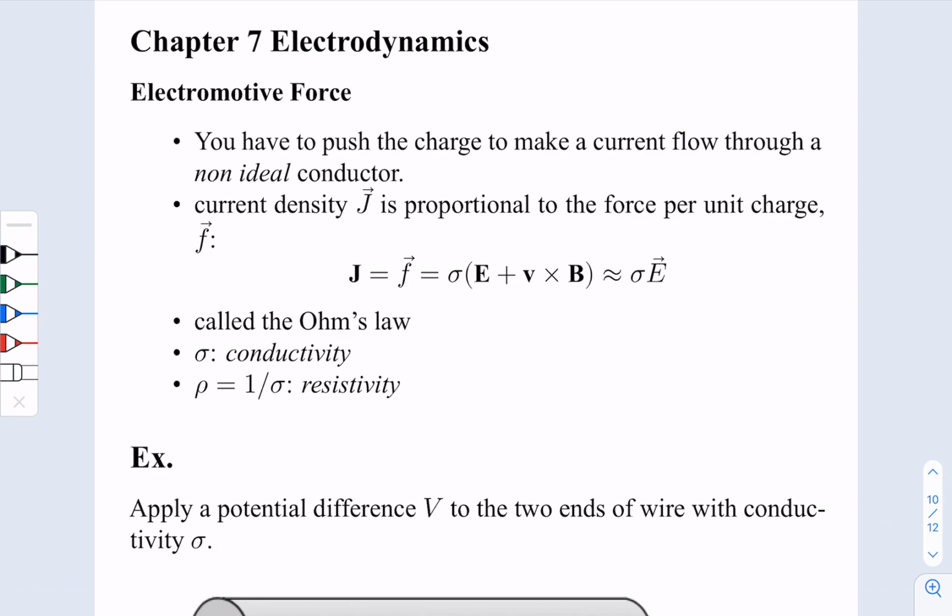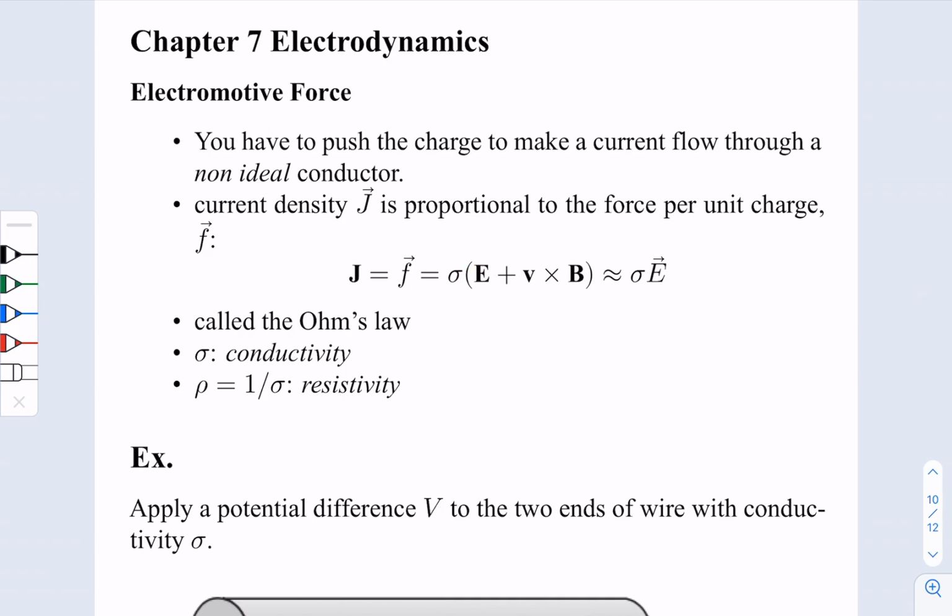We will discuss the electromotive force first, and what we first will discuss is Ohm's law. The reason there is Ohm's law is that there is a subtle relation between the current density and the electric field.